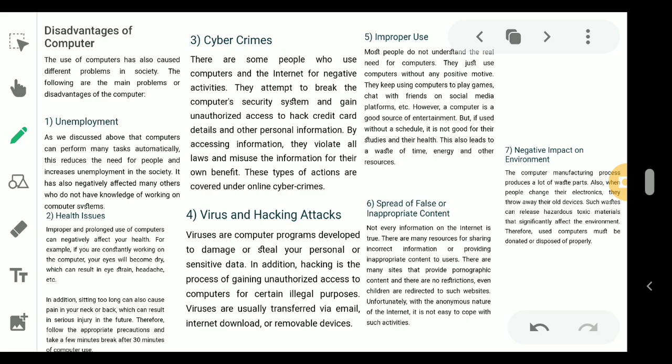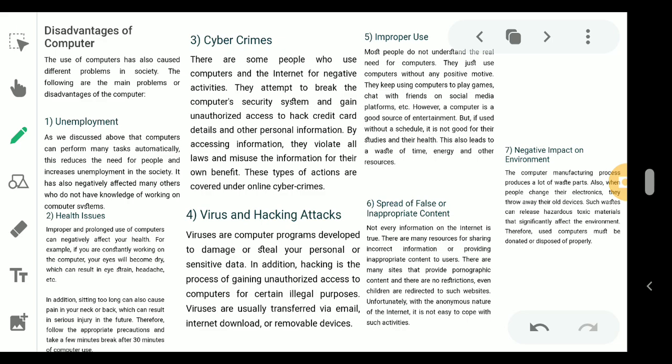So it is now a kind of addiction. Just use it whenever it is required. Don't be so addicted to social media or the computer. If you are using your computer for educational purposes, like watching videos, that will be good.